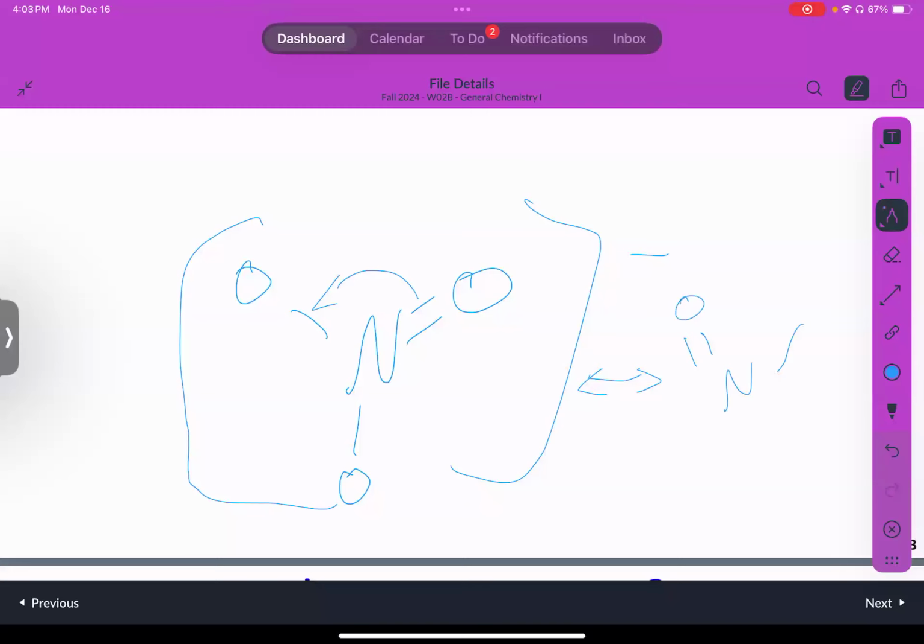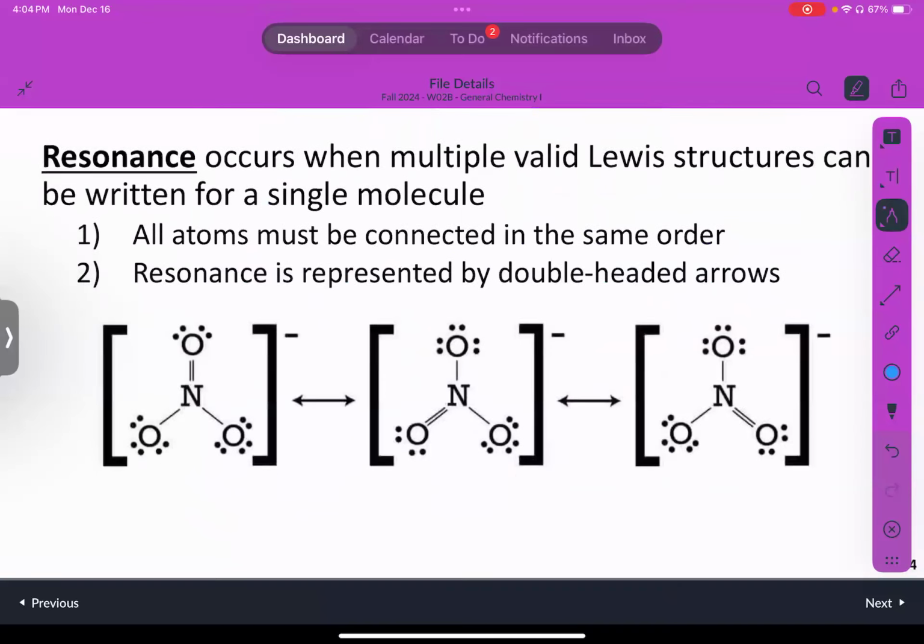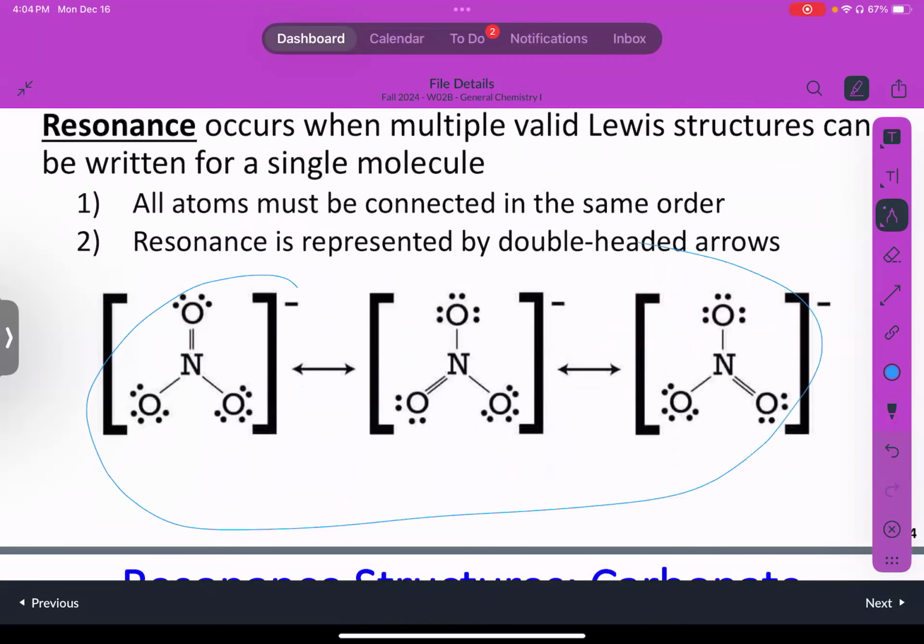It has 3 resonance structures, and they're all major contributors.